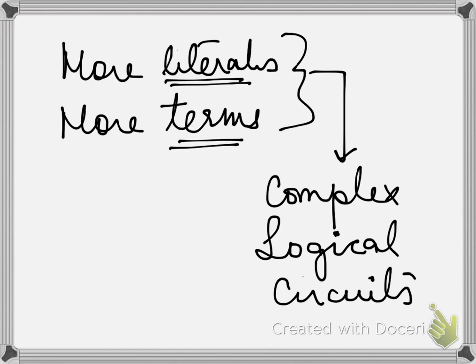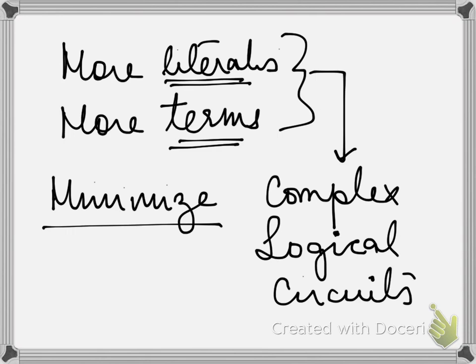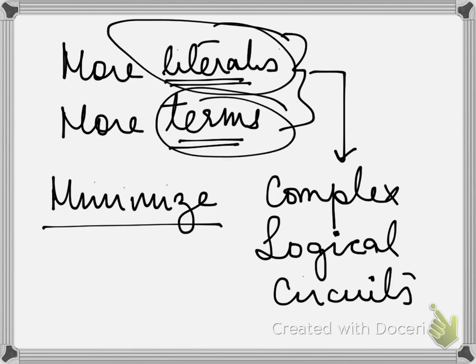So what we can do is try to minimize our Boolean functions such that the number of literals is reduced and the number of terms is reduced. So in the coming few videos, we will see how we can go about this minimization of Boolean functions.